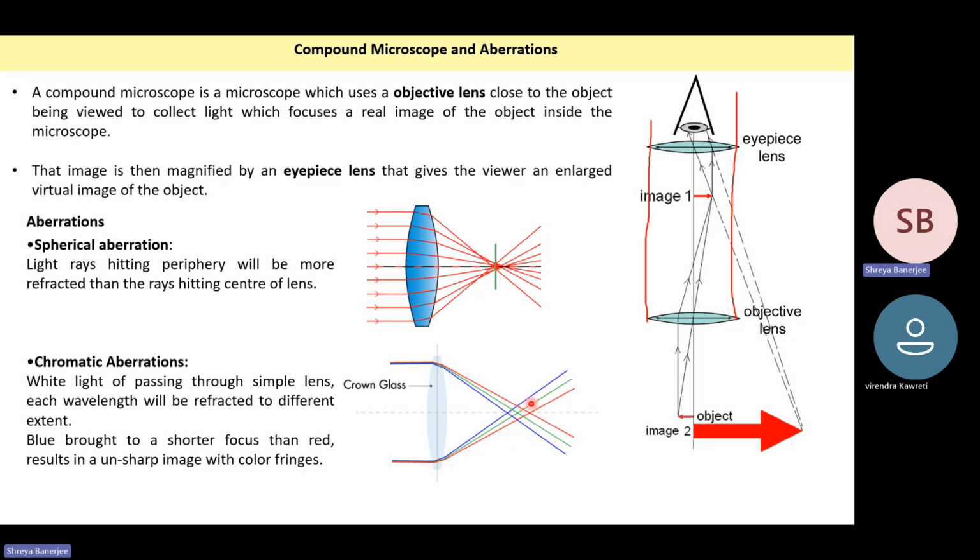So again, what this will do is cause a very blurry or unsharp image, and the edges of the image will be colored. So this is another deficiency of the microscope, where chromatic aberration is causing a loss in the resolution of the image.